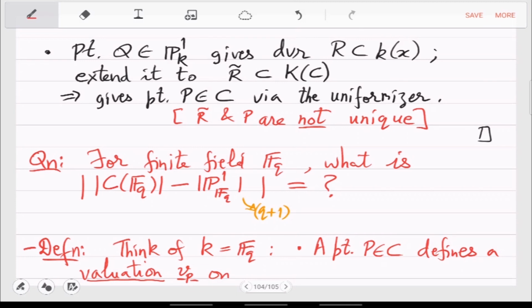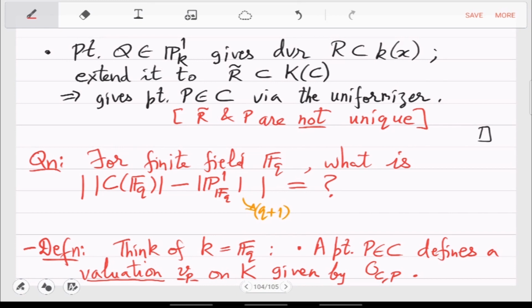on the function field, given by O_{C,P}. This continues to be true because this fact was just based on the ideal that is defining the point.